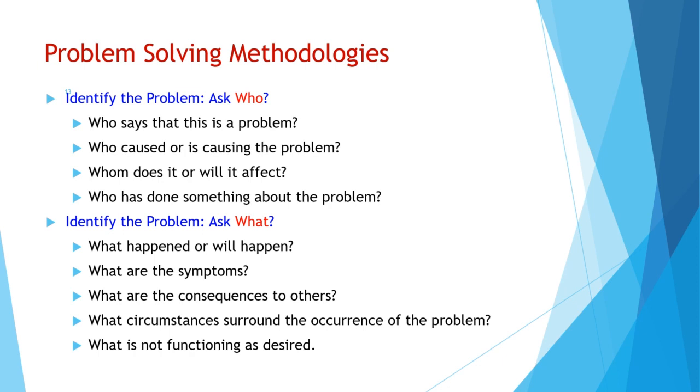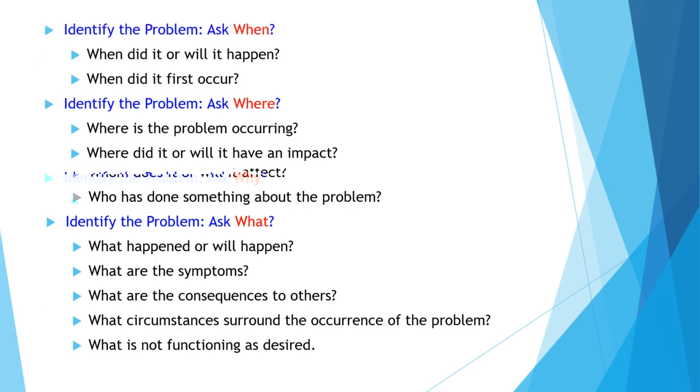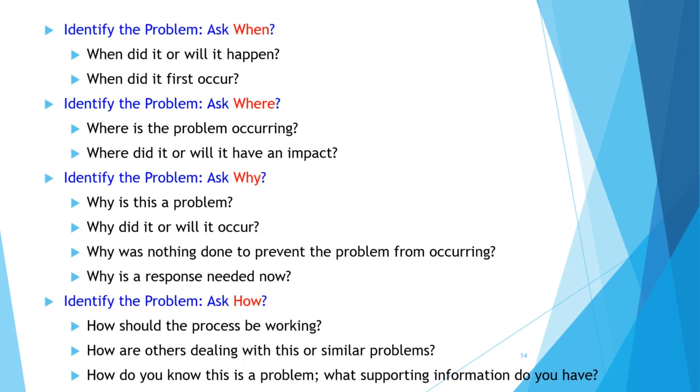And second, identify the problem, ask what happened or what will happen, what are the symptoms, what are the consequences to others, what circumstances surround the occurrence of the problem, what is not functioning as desired. Ask when did it or will it happen, when did it first occur. Ask where is the problem occurring, where did it or will it have an impact.